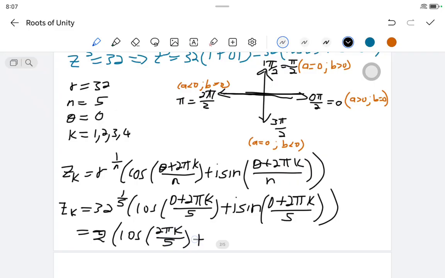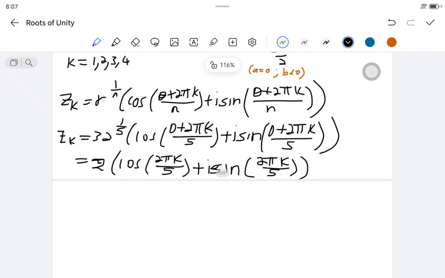Remember, you said we don't use a calculator. Sine of 2 pi k over 5. So now we have simplified this to this format.